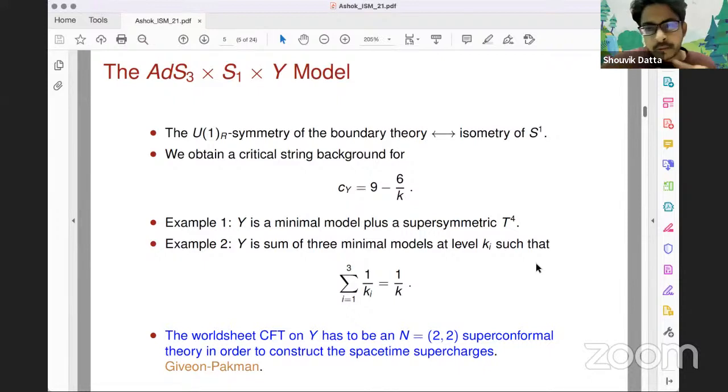Yeah, but the examples which we proposed didn't have an S1 explicitly. It was AdS3 cross S3 cross T4, and then the S3 cross T4 is orbifolded, so one should be able to find a (2,2). Right. Yes. And I'm saying I can embed it like this. Okay. So I'm making no assumptions about what Y is at this point.